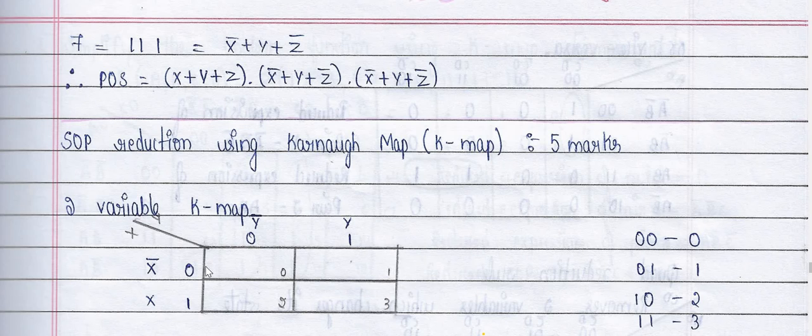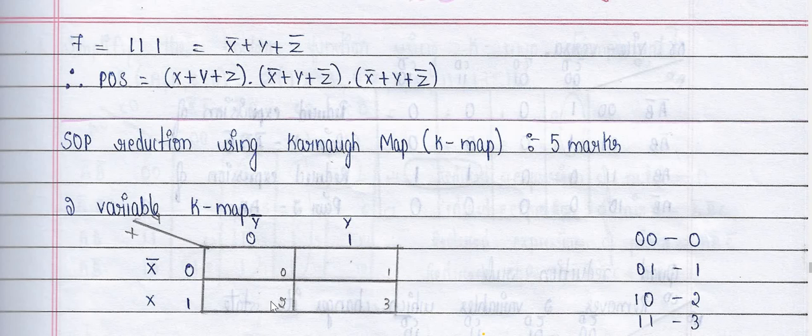So first consider the left side, then the top side. That is 0, 0. 0, 0 is the equivalent representation of 0. Next 0, 1: left side 0, top side 1. That is, this column is 0, 1. 0, 1 means 1.